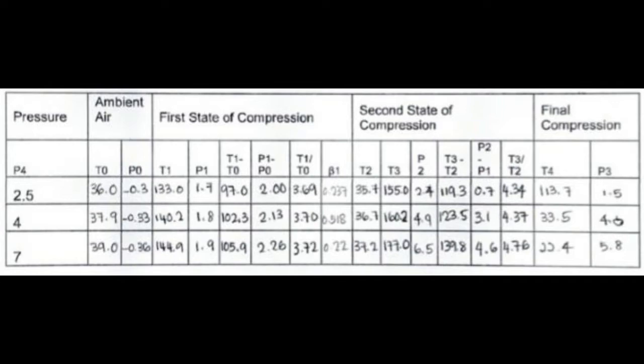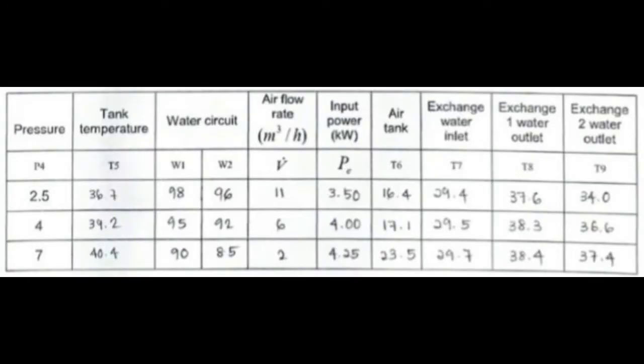Also, we have T4, which is located at the final compression. Next, throughout the experiment, the other things that need to be recorded in the table are the tank temperature, denoted as T5, for every pressure, the water circuits W1 and W2, which are initially set at 100, the airflow rate, the input power, the air tank, exchange 1 water inlet, exchange 1 water outlet, and exchange 2 water outlet, denoted as T6, T7, T8 and T9 respectively.